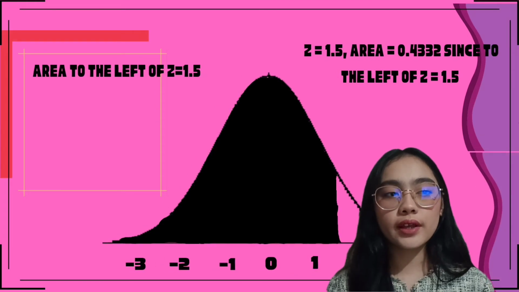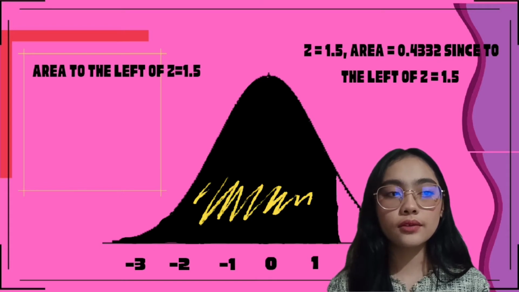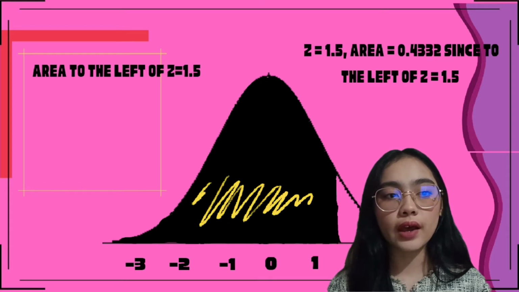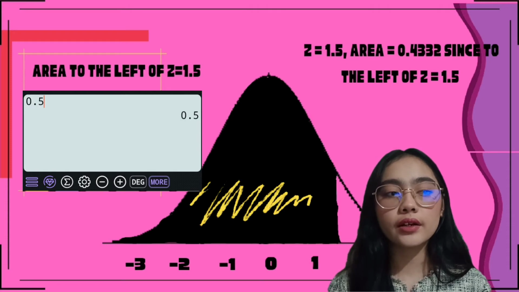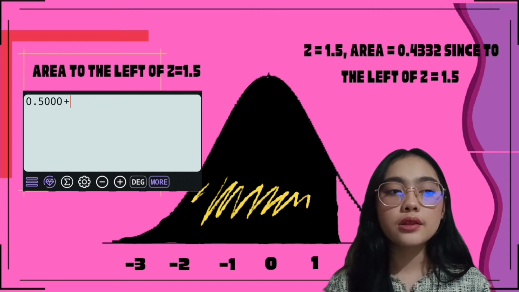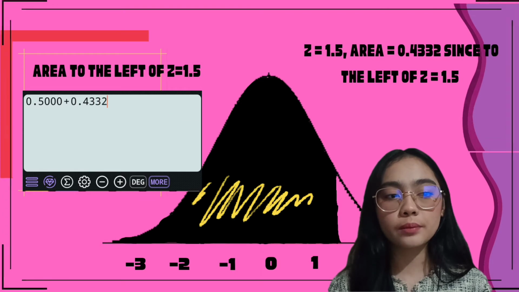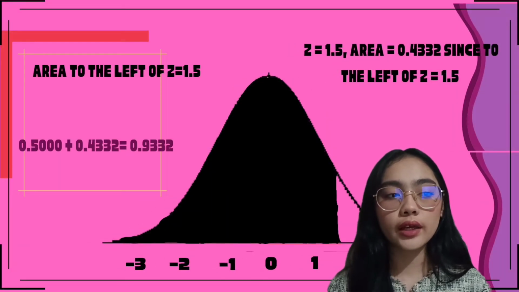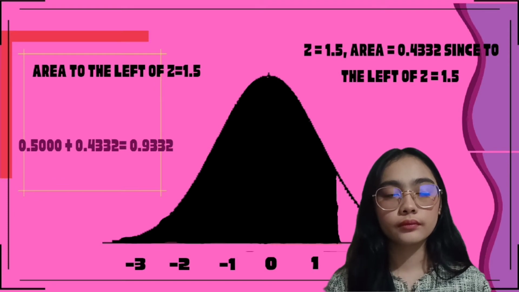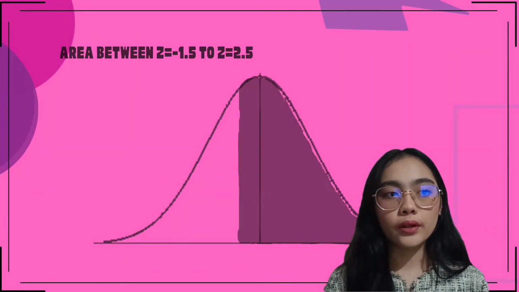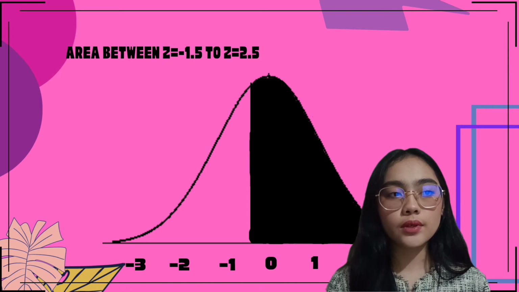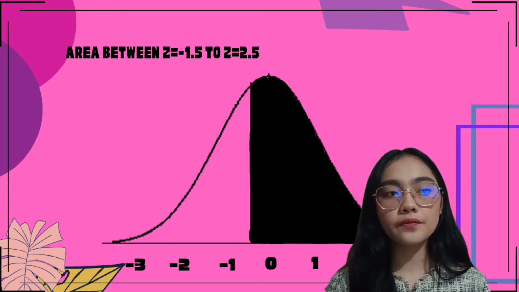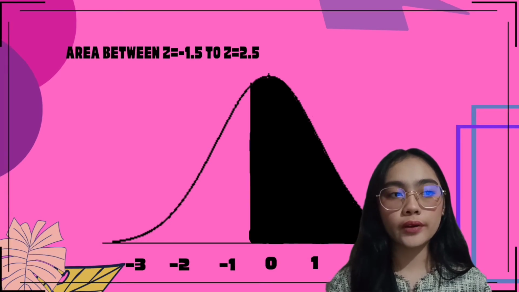For the third example, we will determine the area to the left of 1.5. If we look for the area of 1.5, it is equal to 0.4332. And since it is to the left of z-score 1.5, we will add half of the area of the normal curve, 0.5000 or simply 0.5, and we get an area of 0.9332. For the last example, we will determine the area between z-score negative 1.5 and z-score 2.5.